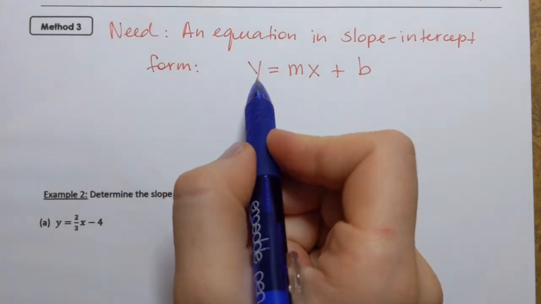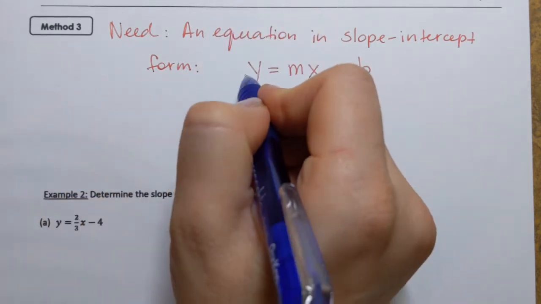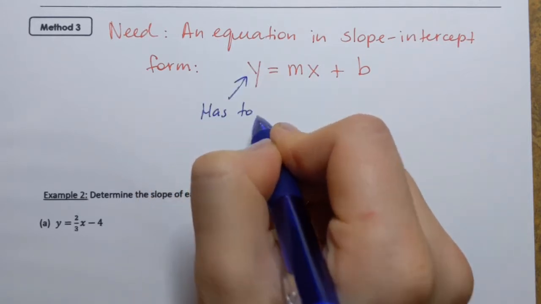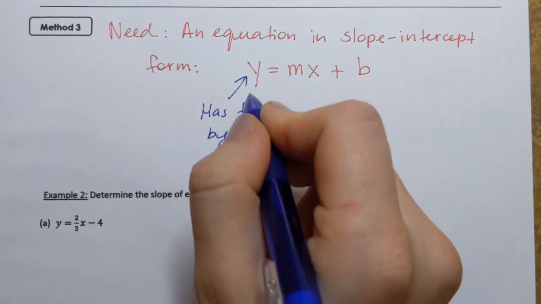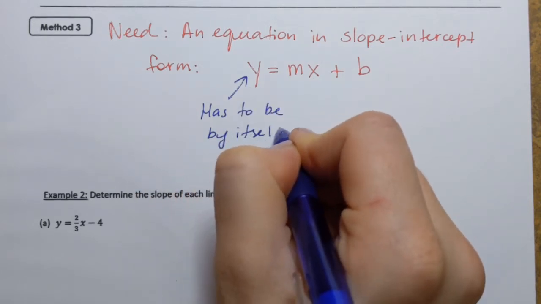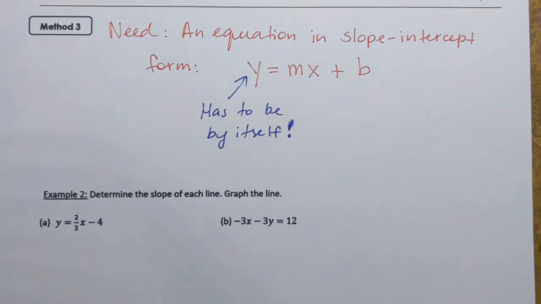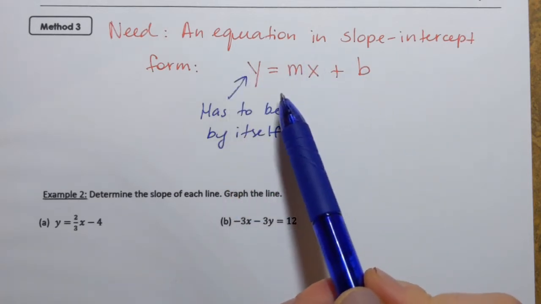It's always going to have y by itself on one side. That's important. If y is not by itself, it's not slope-intercept form.